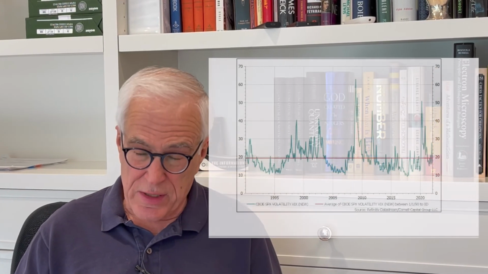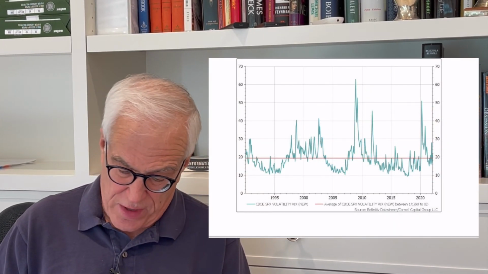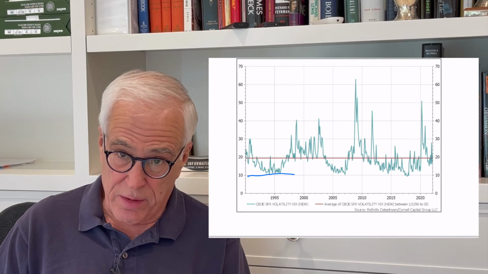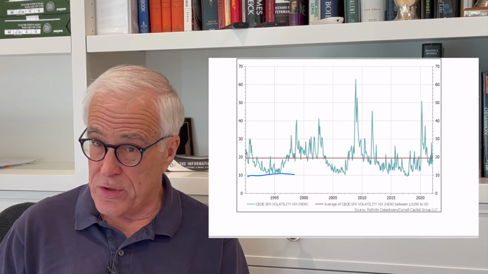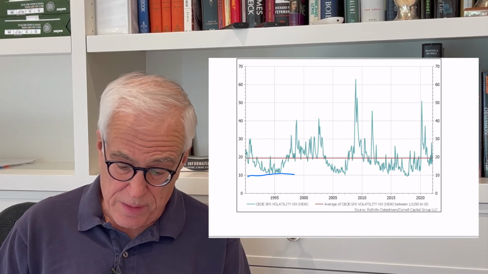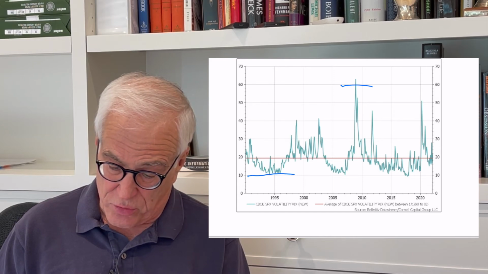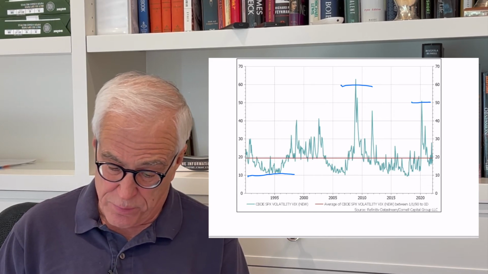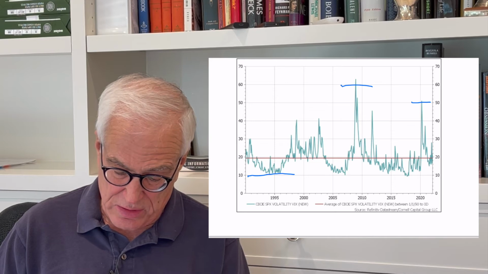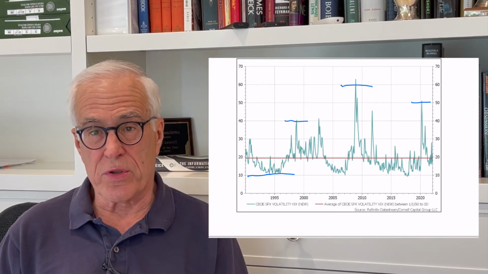And here on the iPad now, I have a plot of the VIX Index over the last 30 years. You can see that it varies between about 10%, that's the standard deviation in annualized terms, in the most quiescent times, up to over 60% during the financial crisis, and 50% during the COVID crisis, and during the dot-com crash, 40%.